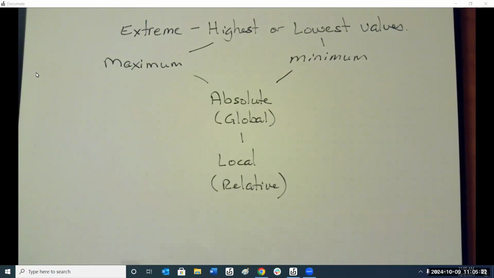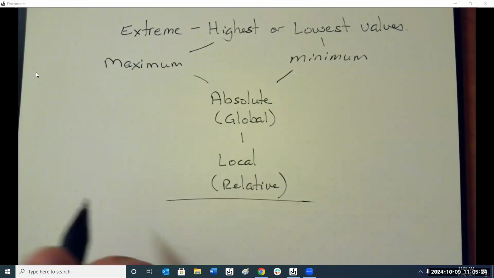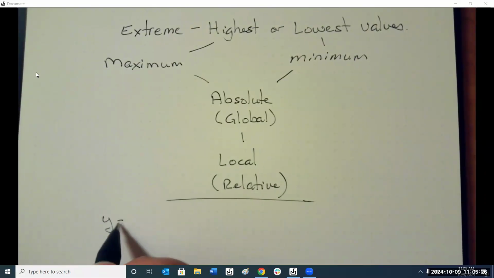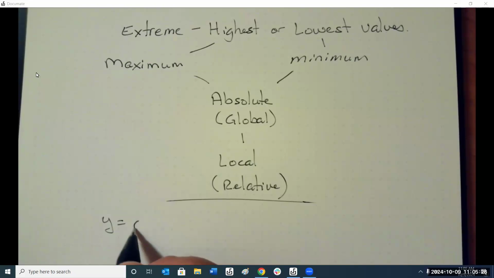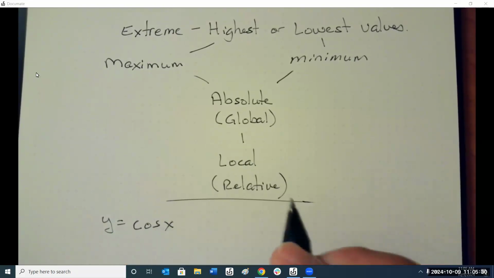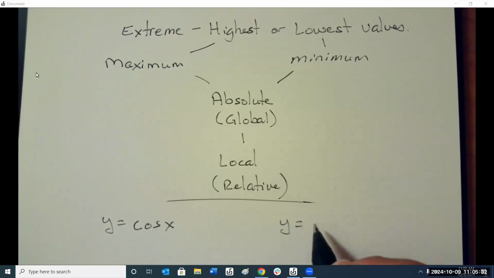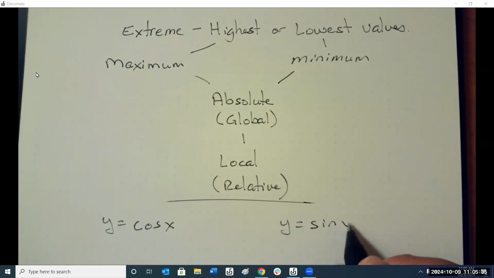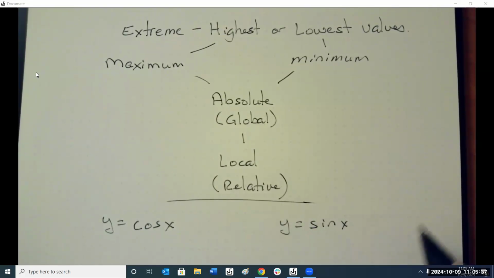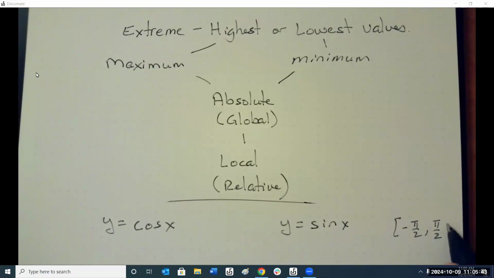For example, let's take y equals cosine x and y equals sine of x on the interval negative pi over 2 to pi over 2.